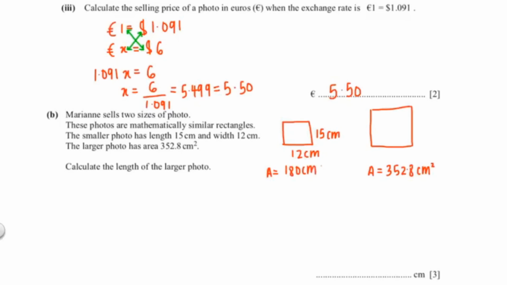Now let me just write that down. The question is asking us to calculate the length of the larger photo. So what we're finding is L. We know that 15 times something, let's say x, equals L. And 180 multiplied by x squared would equal 352.8.